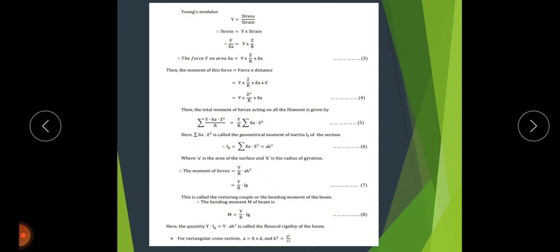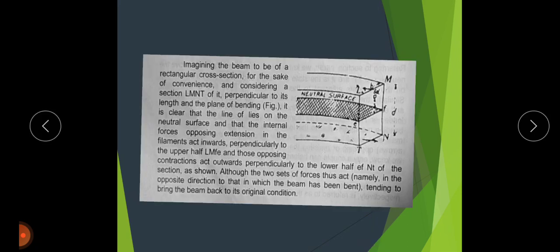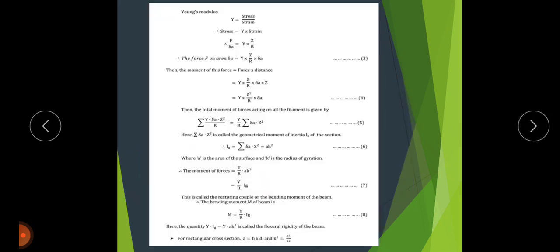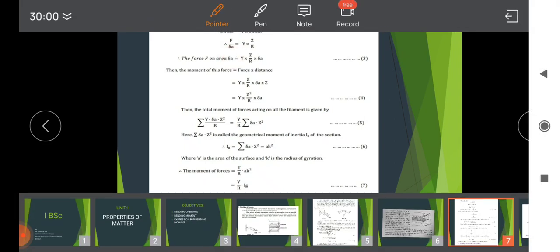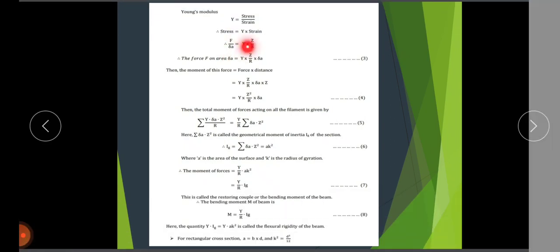Force is taken as capital F, divided by a small area of cross section, delta A, as taken from this figure. So, force divided by delta A is equal to Y into strain.